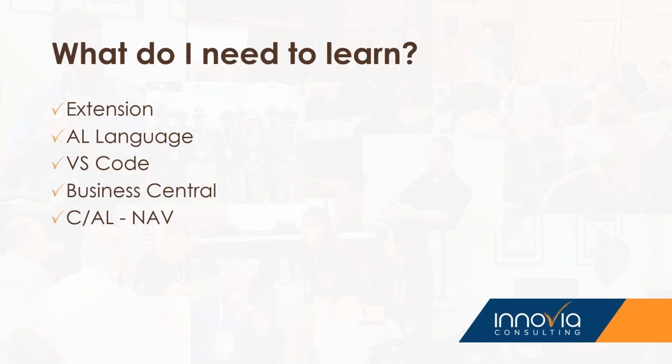I will say that's a risky spot to be in. Here at Innovia, our developers have always had a good, solid understanding of the application. They work with our application consultants to make sure that we are modifying the system in a proper way.